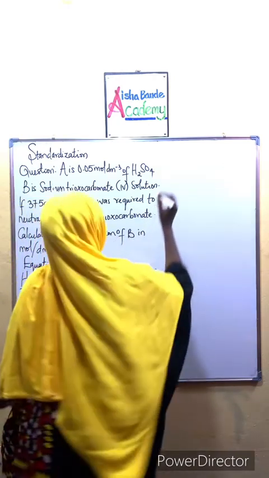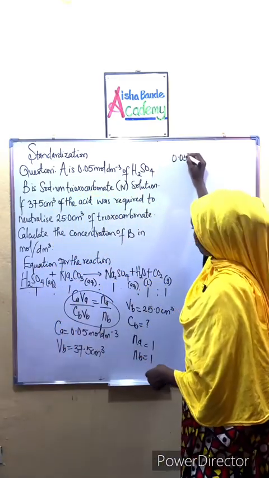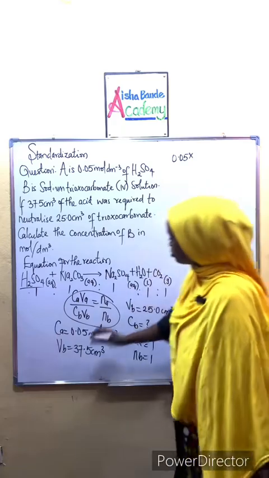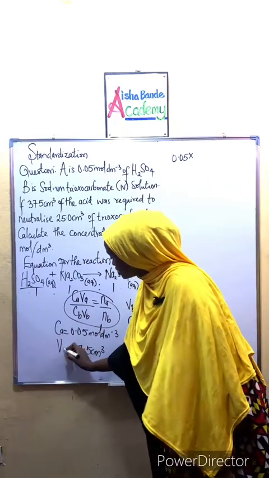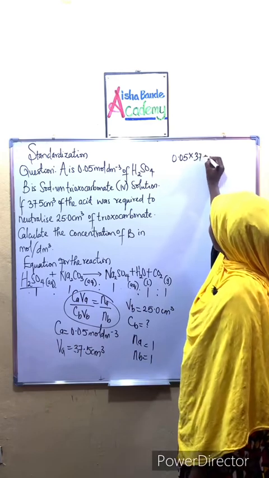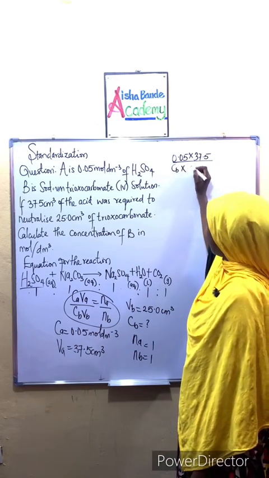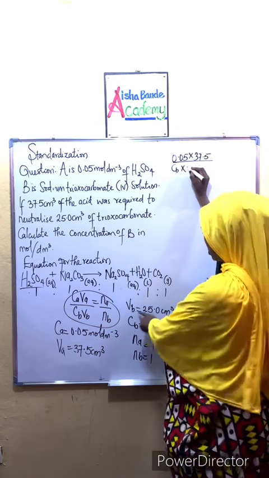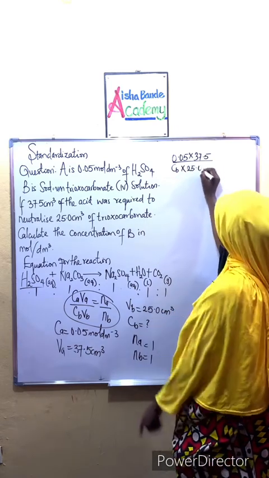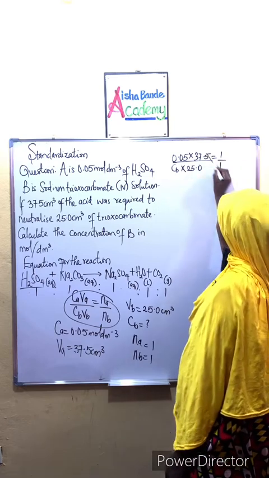So here we have CA, which is 0.05, times VA. Sorry, viewers, this is the volume for acid. So our VA here is 37.5, all over CB, the unknown, times VB, which is 25.0, equals NA, which is 1, over NB, which is 1. From here, all we need to do is cross multiply.